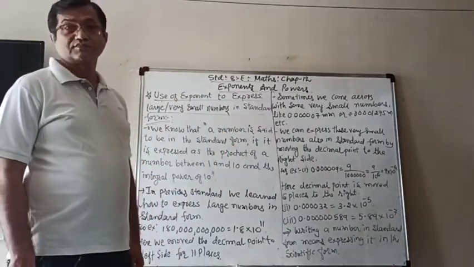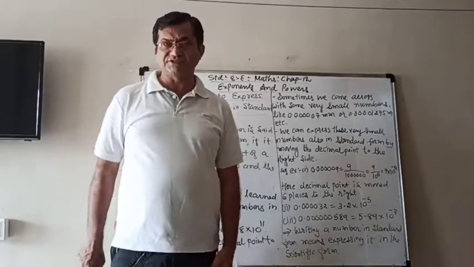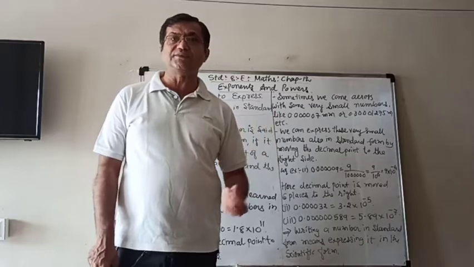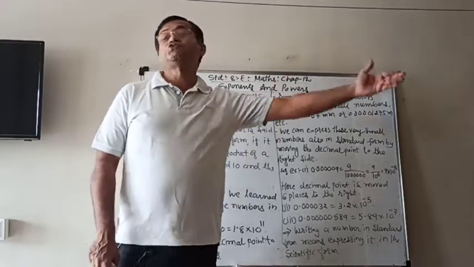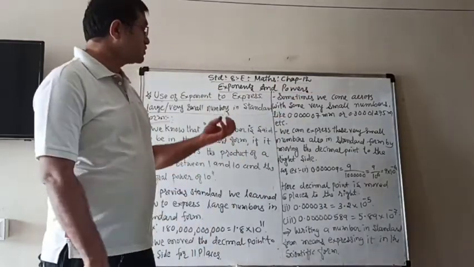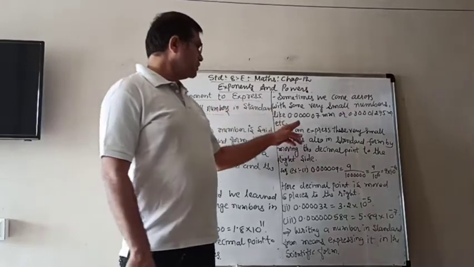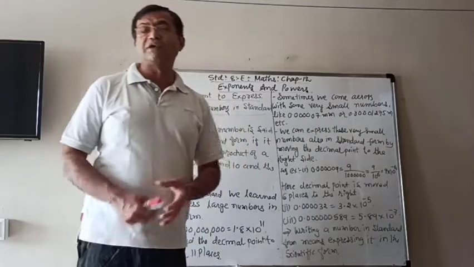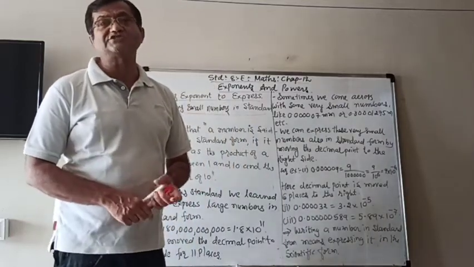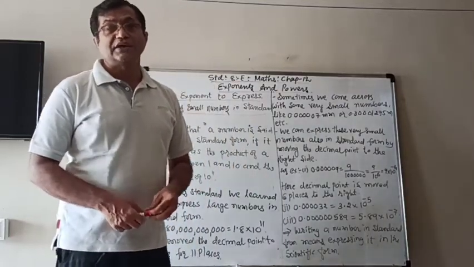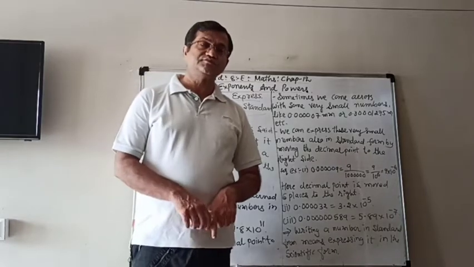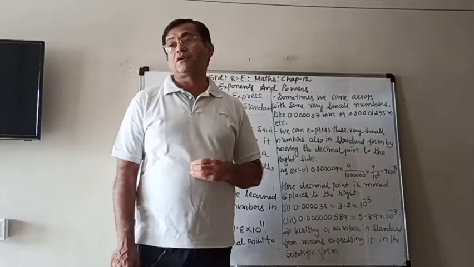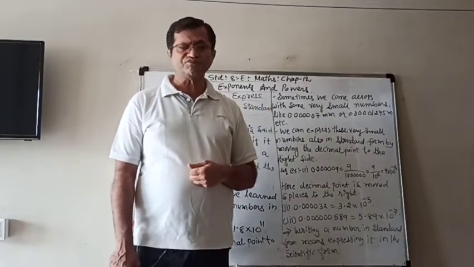Now, when there are very small numbers, we need to move that decimal point to the right side. So, let's understand how we can convert those very small numbers into the standard form using the exponent power.